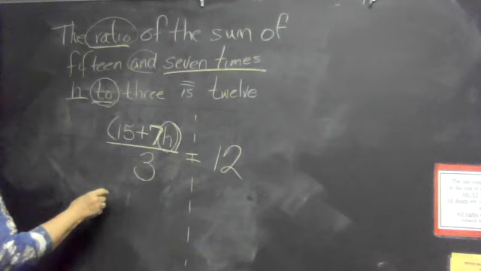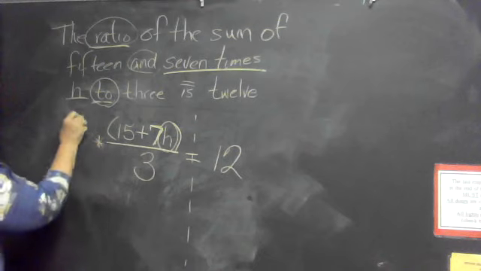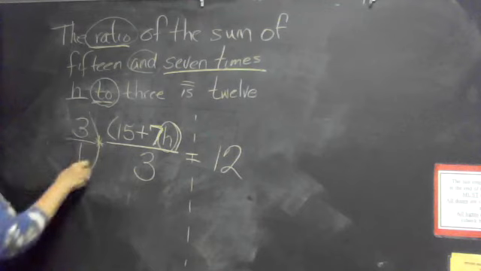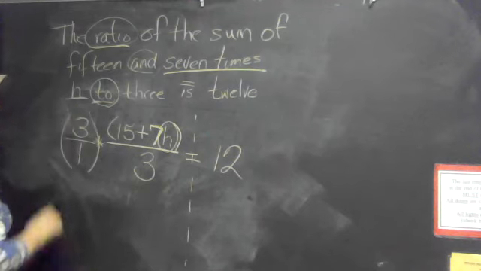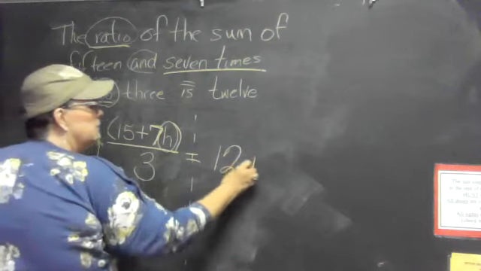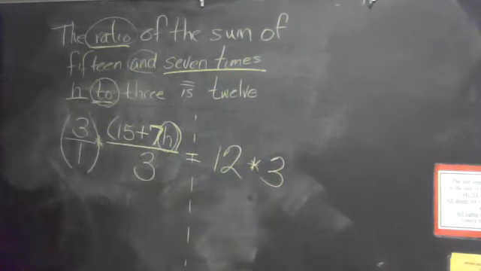Divide, so we multiply to get rid of it. Multiply by 3. Since we're dealing with a fraction, we put it over 1. This is on one side, so I have to immediately do it on the other side. I caution you not to do this until you put the 3 over here. It's too easy to forget to put it on the other side if you start the mathematics.